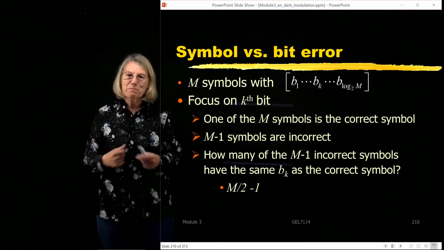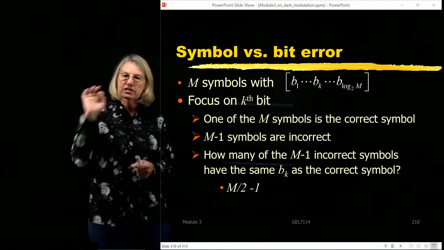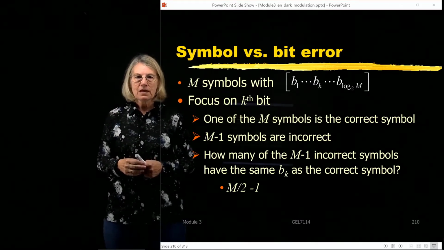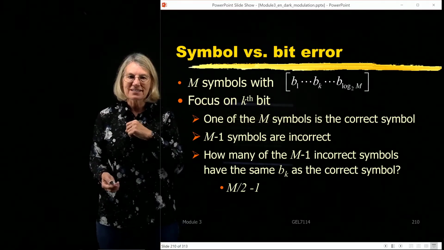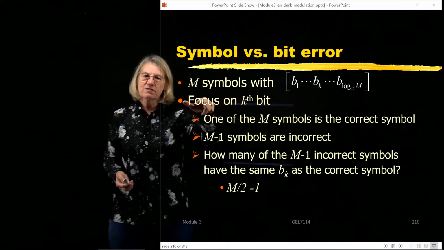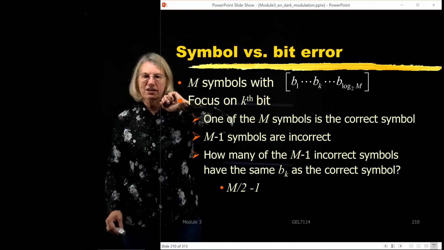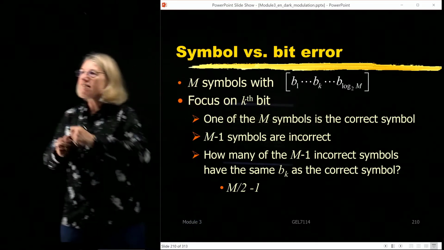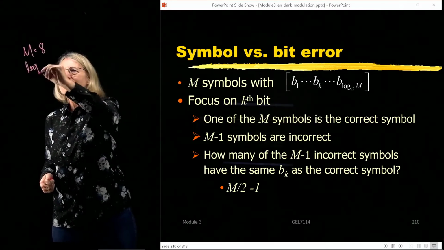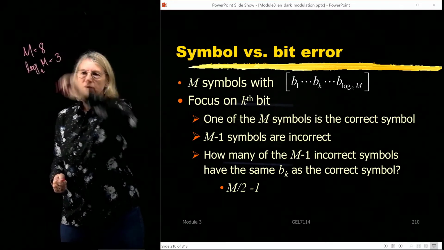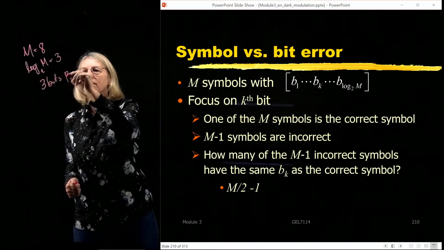If I want to know the bit error, what I have to do is look at the bits that are assigned to a given symbol. If I look at an M-ary system, that means every one of the symbols will have a certain number of bits associated with it. For instance, if I have M equal to 8, then log2 M is equal to 3, which means there will be 3 bits per symbol.